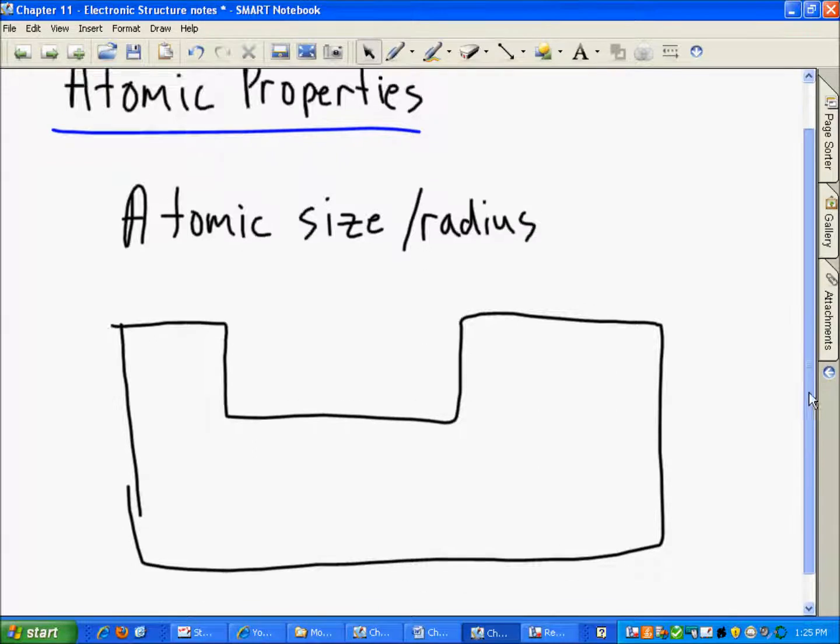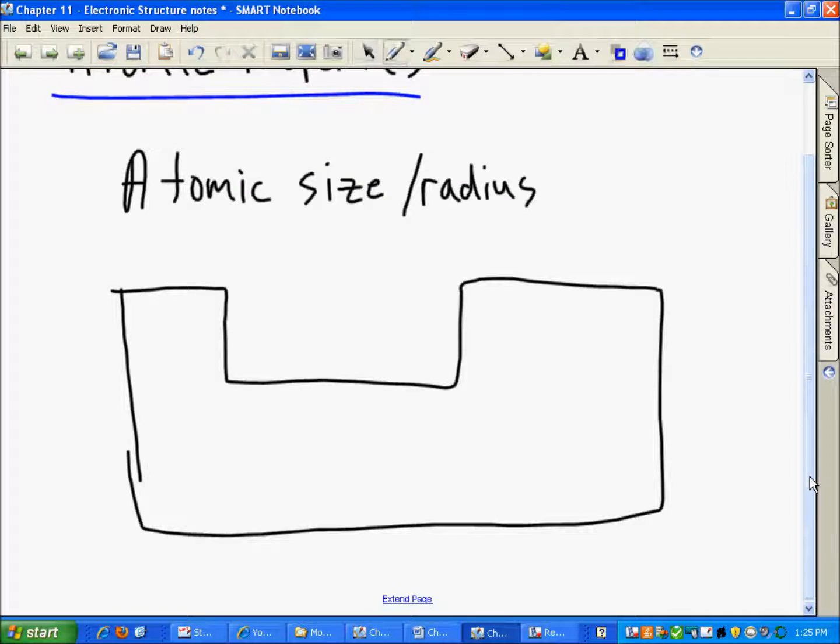So, if you remember, as we go down, the row numbers increase and the orbital number increases. So you're going from 1s to 2s to 3s, 4s, and so on. So as you go down, the orbital number increases. Actually, it's the principal quantum number is what it should be called.